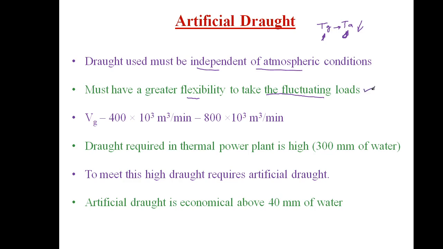When load increases, the flow of gases has to be increased, and when load decreases, the flow of gases has to be reduced. This is not possible in natural draught, but it is possible in artificial draught.